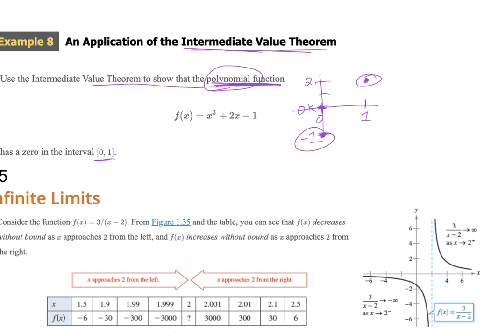Our k is 0 because 0 is between negative 1 and 2. So that by the intermediate value theorem, there has to be some value c in here that the function passes through that value 0, or in this case, the x-axis. And that is using the intermediate value theorem to show that this polynomial has a 0 in this interval.